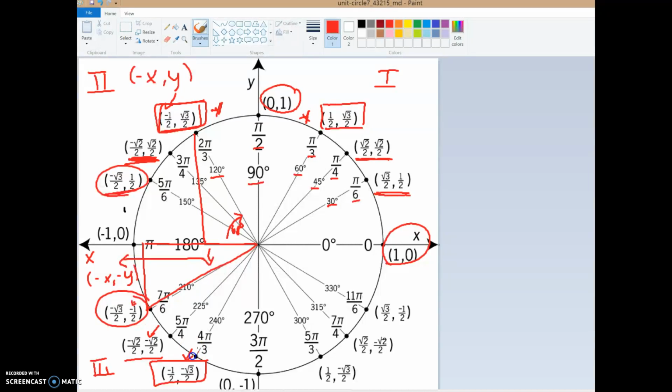Now we go into the fourth quadrant. You can see that this angle is the same as this angle. It also is reflective up into quadrant 1. But now our y is negative and our x is positive. So your x's are positive and your y's are negative here. And this angle is similar to this one, and the middle one is the same as this one.